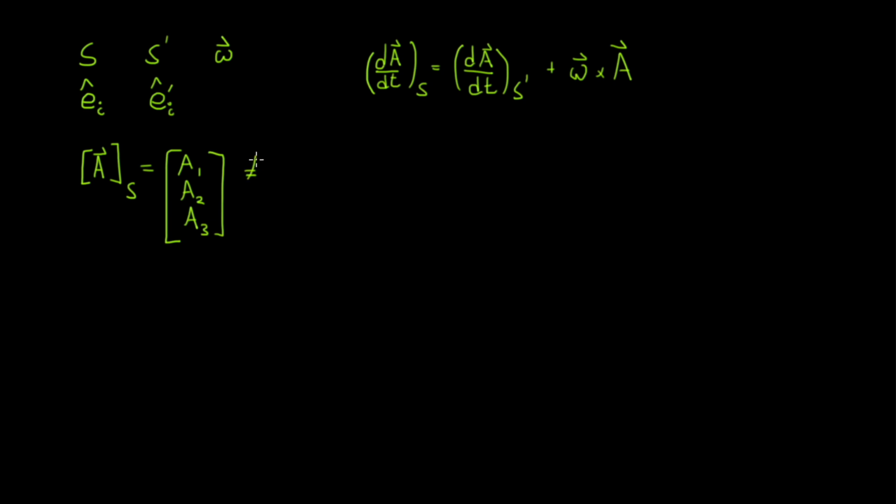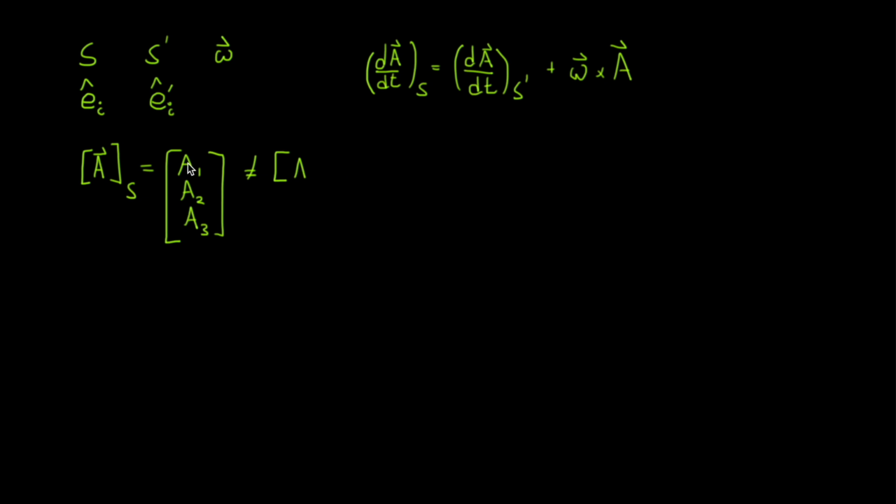And this is not equal, in my notation, to this, because the mathematical object that is the vector A expressed in the S prime basis is not equal to the mathematical object that is the vector A expressed in the S basis. We would get two column vectors, A1 prime, A2 prime, A3 prime, and because entry 1 is not equal to entry 1, entry 2 is not equal to entry 2, etc., these two vectors are not equal. Okay, fantastic, fine. So we have that notation.